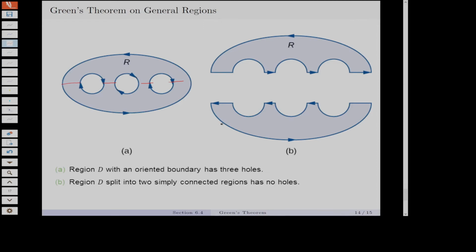And if my boundary is oriented, suppose the outside is oriented counterclockwise, and all of the inside holes are oriented clockwise, then things line up correctly. You can see that we're moving all in the same direction on each of these 2 separate pieces now. So I could take a region that has holes in it and just break it up into 2 separate pieces, and those regions do not have holes in them.